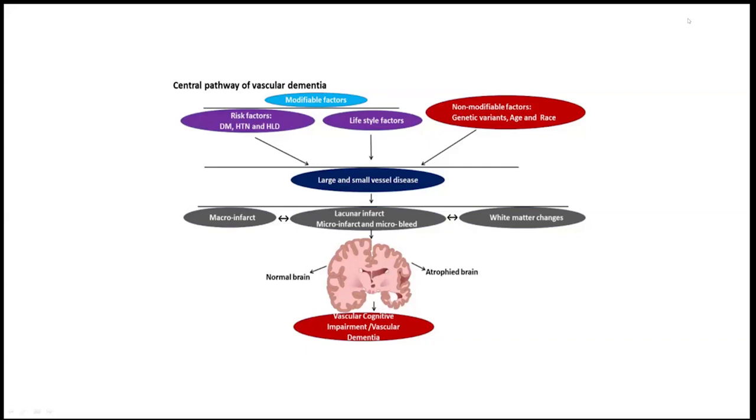All of the above, culminating in large and small vessel disease, lead to either small vessel disease manifesting as small or white matter changes, small lacunar infarcts with microinfarcts or microbleeds, or large vessel disease presenting as macroinfarcts in neuroimaging. What this ultimately leads to: brain volume loss, atrophic brain, resulting in cognitive impairment.